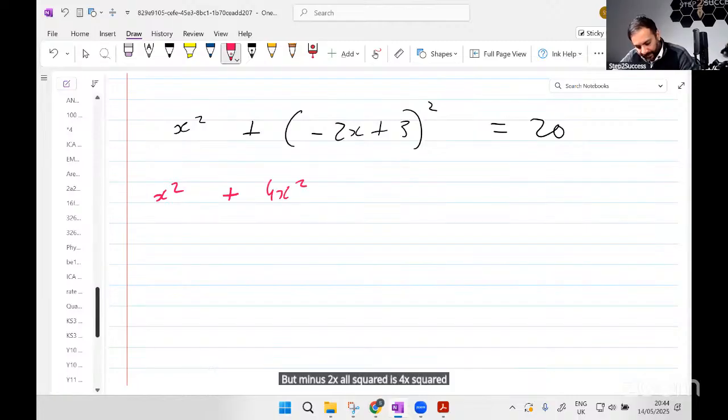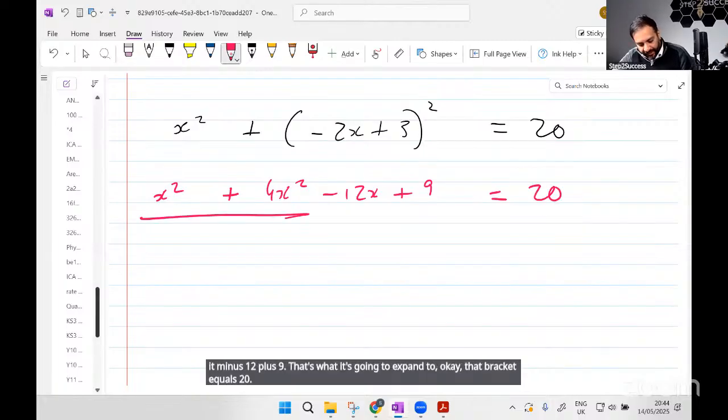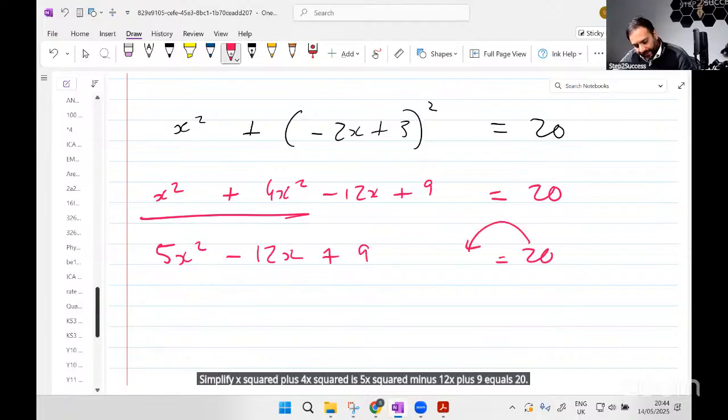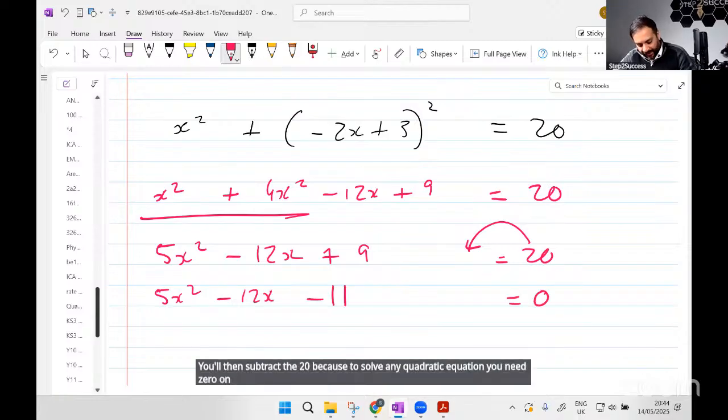Minus 2x times 3 is minus 6, double it, minus 12, plus 9. That's what that bracket expands to, equals 20. Simplify: x squared plus 4x squared is 5x squared, minus 12x plus 9 equals 20. You'll then subtract the 20, because to solve any quadratic equation you need 0 on one side. 9 take away 20 is minus 11, at which point I'm going to stop.